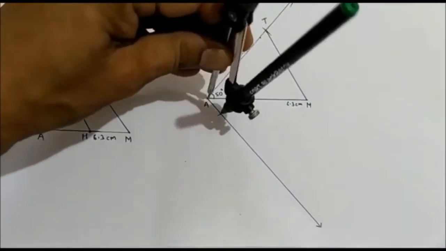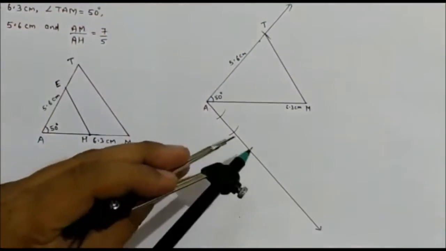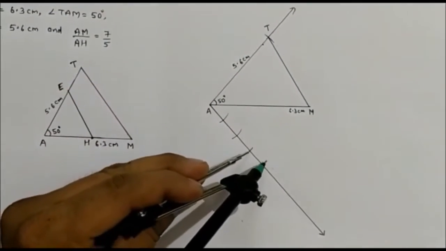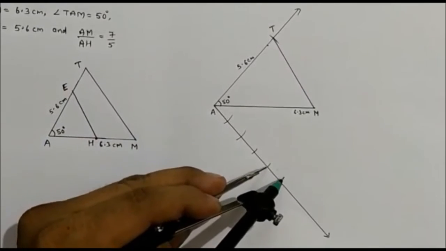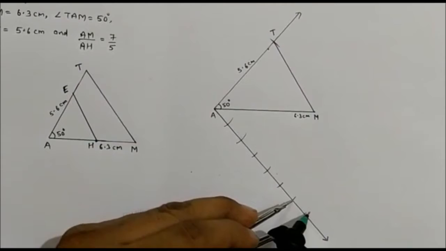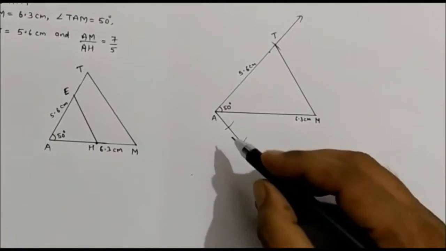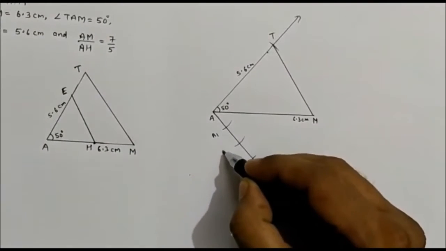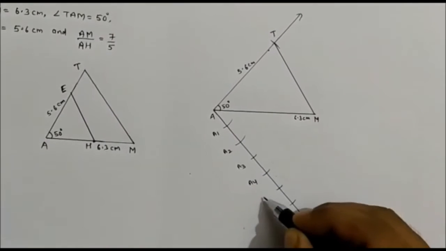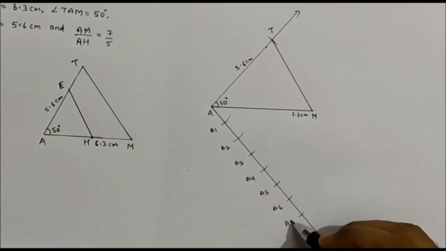So this is 1, this is 2, this is 3, 4, 5, 6 and 7. These are the 7 arcs we have cut, and this is point A, so you can mark it as A1, A2, A3, A4, A5, A6 and A7.